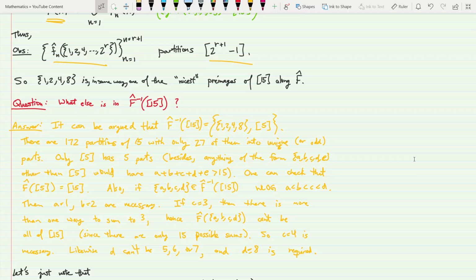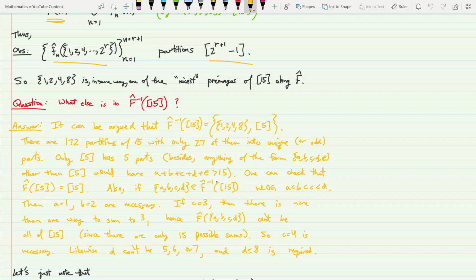For this example, it's basically because there can only be one thing of length 5 and one thing of length 4. You could just look at all partitions of 15, in particular just the ones that are unique. There's 27 unique ones, it turns out. {5} is the smallest one of length 5.